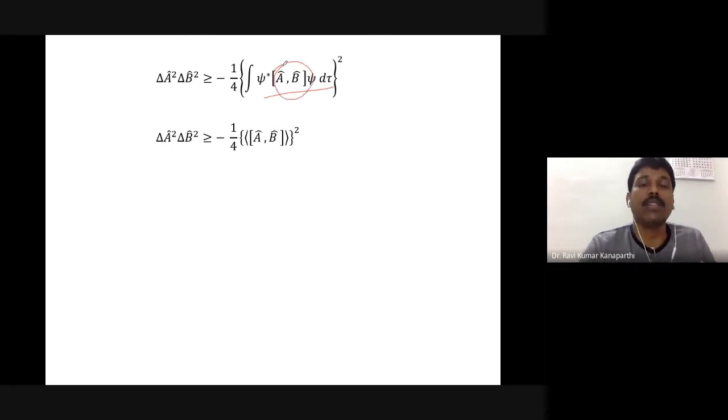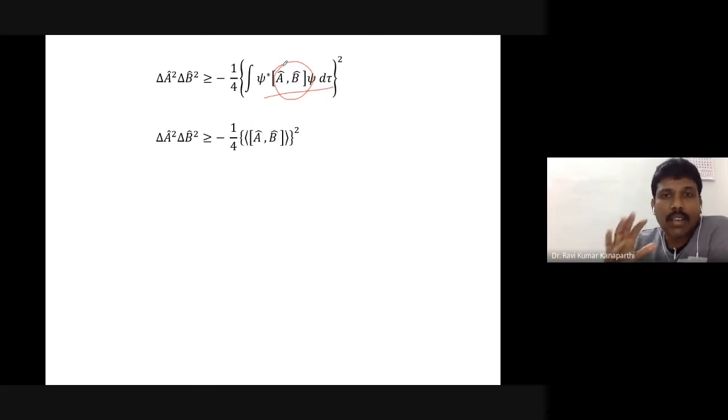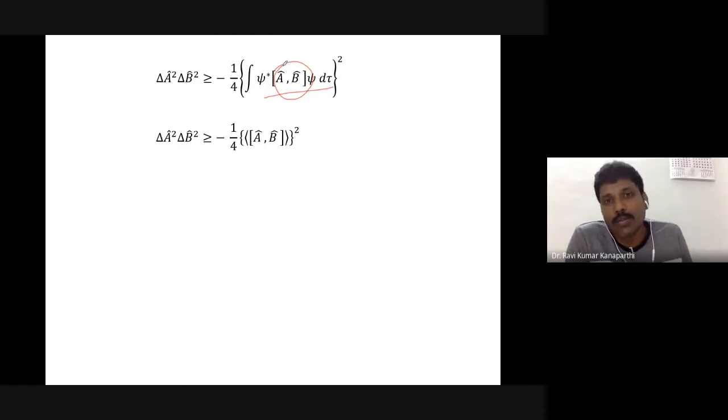So AB minus BA is a linear operator. On the right hand side of this operator we have ψ, and on the left hand side we have ψ*. So essentially this is the expectation value of the commutator of A and B, right?